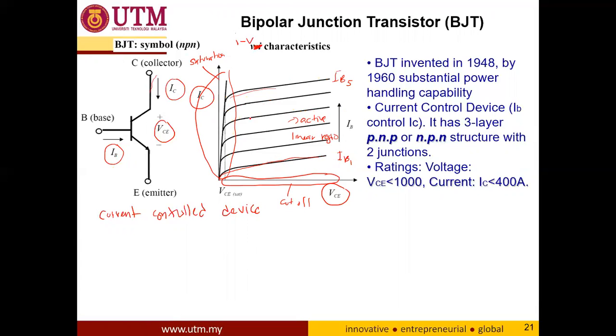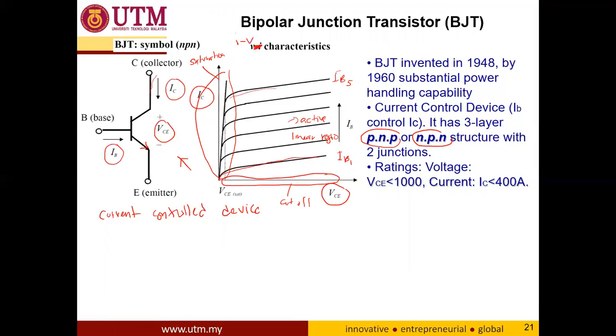So we operate our transistor either in saturation or cutoff only. You also need to know that this BJT has two types, which are PNP and NPN. This is NPN, the current is like this. For PNP, the current is going inside to the base.